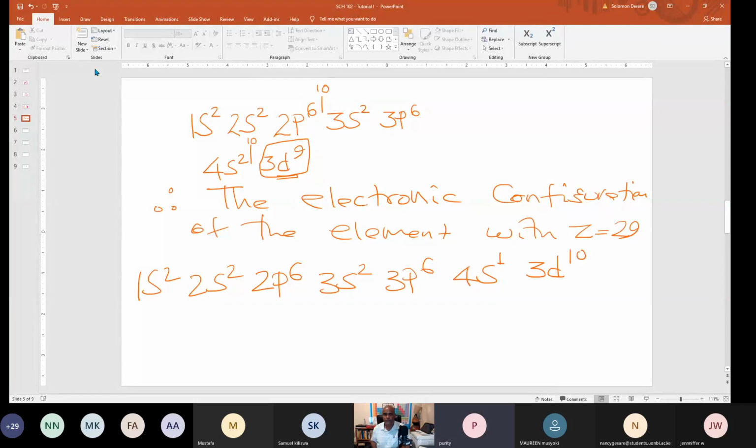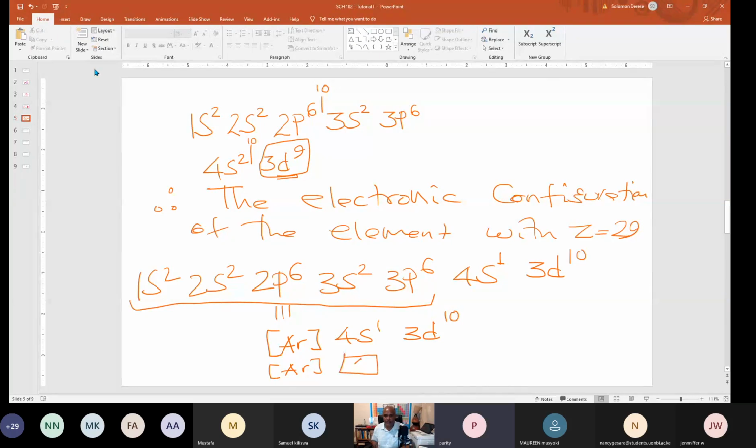Okay? And then when you abbreviate this, you will see that this is the electronic configuration of argon, the nearest noble gas. So this will be represented by square bracket Ar. So what you will be left with will be 4s1, 3d10. So this is the abbreviated electron configuration for the element with Z is equal to 29. Then when you fill the orbitals, we keep the Ar the way it is. S is just one orbital, so you have one electron in here.